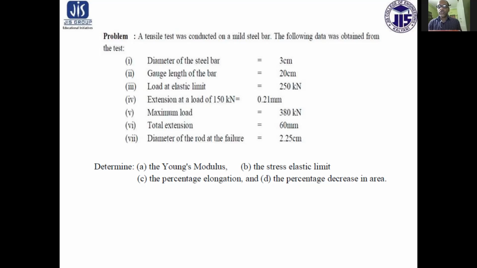Diameter of the rod at the failure is found to be 2.25 centimeter. We need to determine: A, the Young modulus; B, the elastic limit; C, the percentage elongation; and D, the percentage decrease in area.